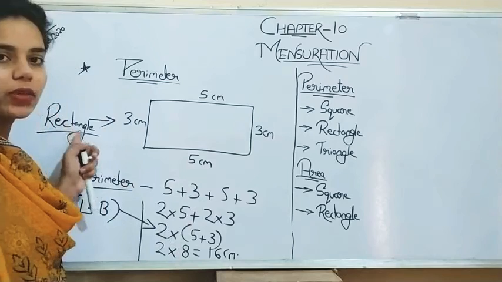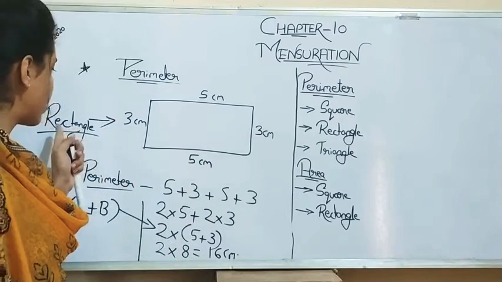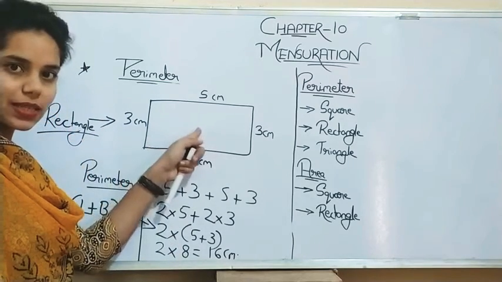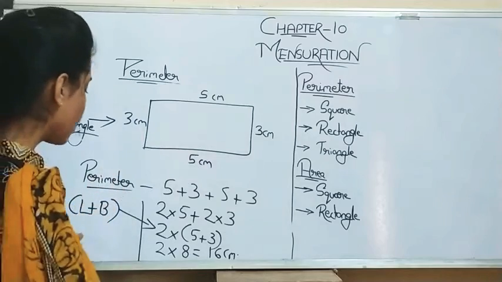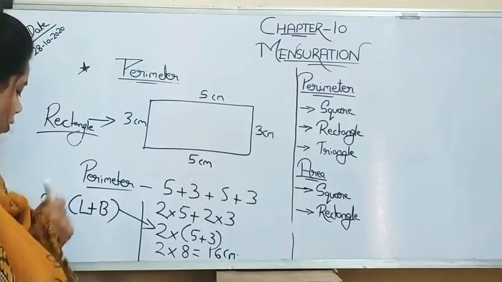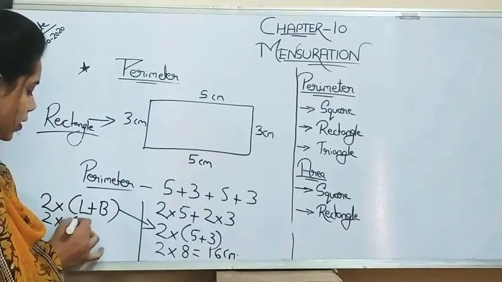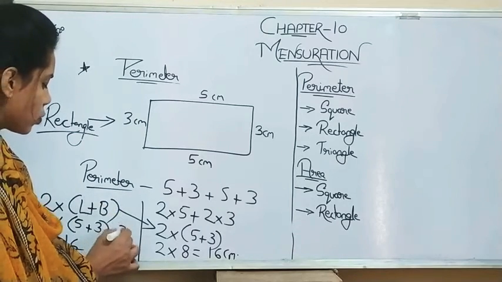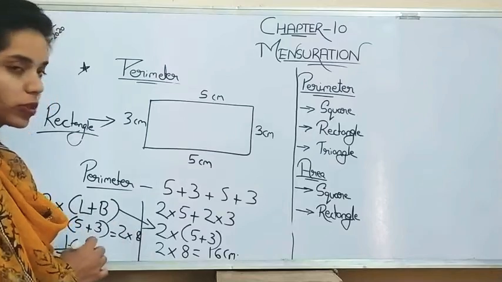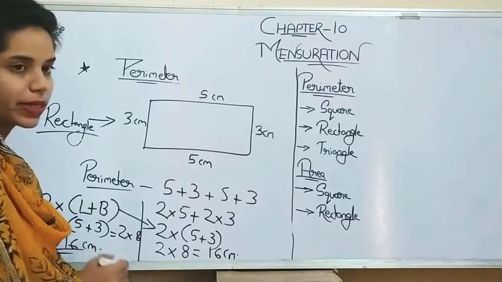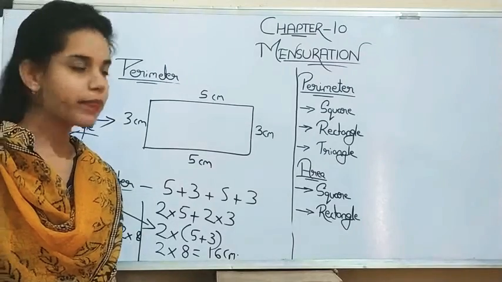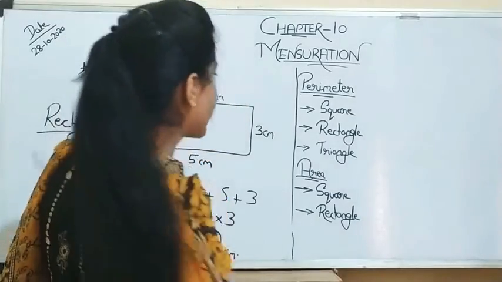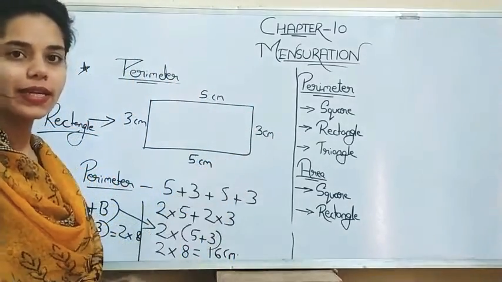If I ask you what will be the perimeter of this rectangle, you can directly put the value here, 5 plus 3, 2 multiplied by 8, so you will get 16 centimeter. Understood this thing? So in this way we can find out the perimeter of square and rectangle.